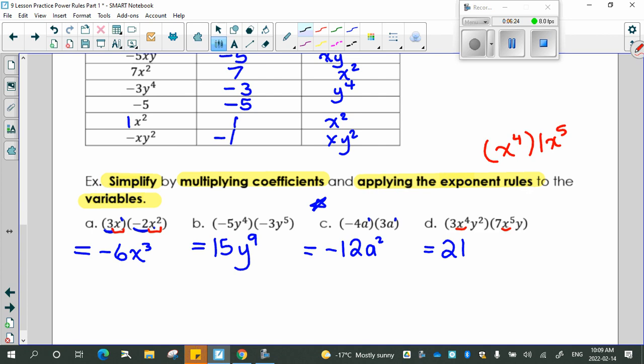X to the 4th times x to the 5th is x to the 9. Keep the base and add the exponents. Okay? And then same with the y's. Y squared times y is y to the power of 3, because you remember the invisible 1 there. Okay?